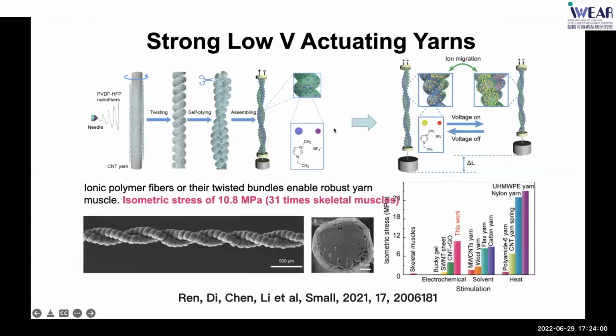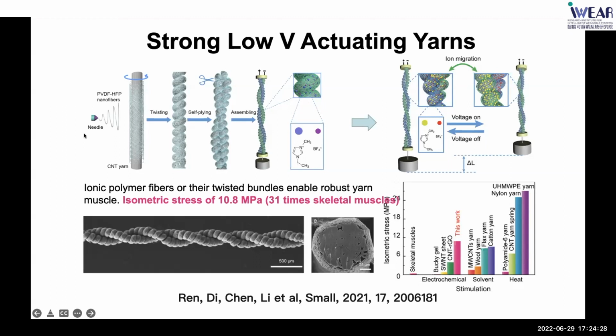And also we want to fabricate this low voltage actuation material into yarns or fabrics, which is close to wearable applications. The first example is the no-voltage actuation yarns. There are two methods used in the fabrication.